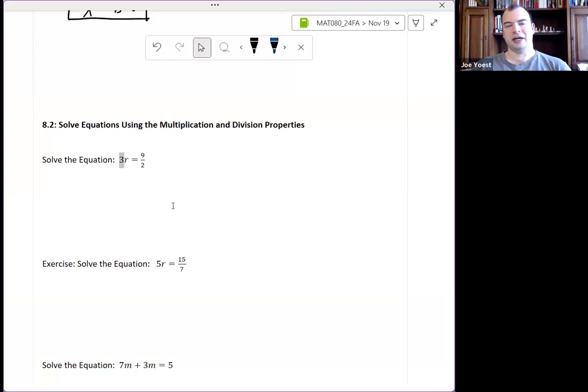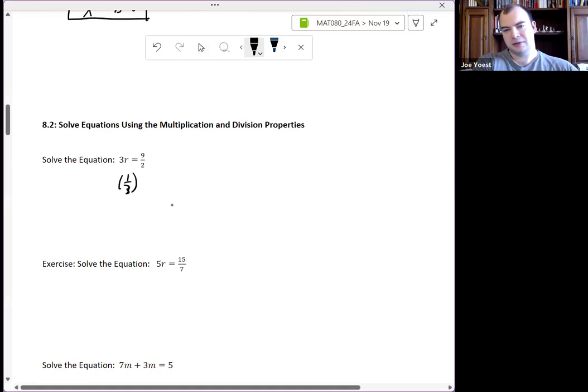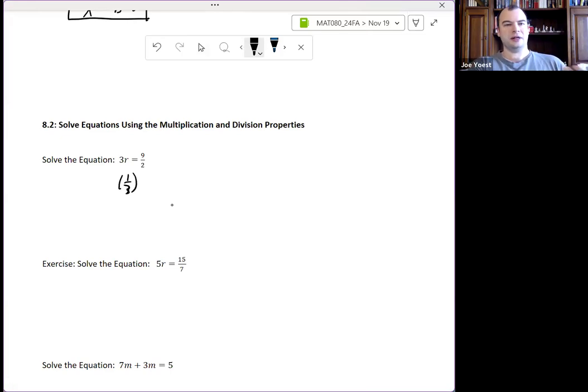We talked a little bit more about some of this terminology last time, but I want to multiply by the multiplicative inverse. I want to multiply by 1/3 on the left-hand side. So the 3 times 1/3 gives me 1, or just a factor that I don't have to write. If I multiply by 1/3 on the left, if I divide the left by 3, I want to multiply by 1/3 on the right. So 3r times 1/3 is just r.